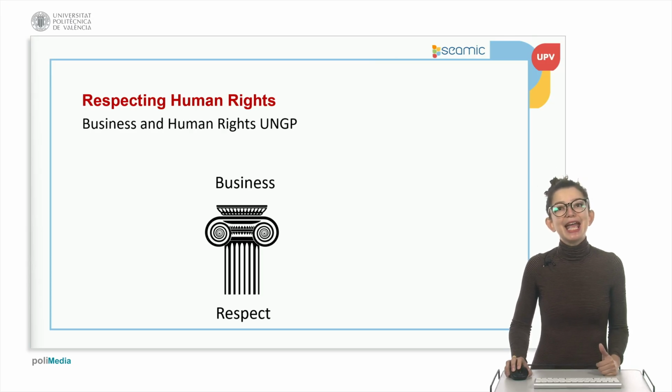Companies must have an explicit political commitment, that is, a specific declaration of human rights. Companies must have a due diligence process in which an assessment of the real impact is carried out, violations are prevented, the consequences are monitored, and the measures taken to do so are publicly reported.